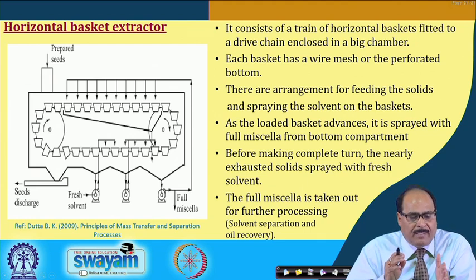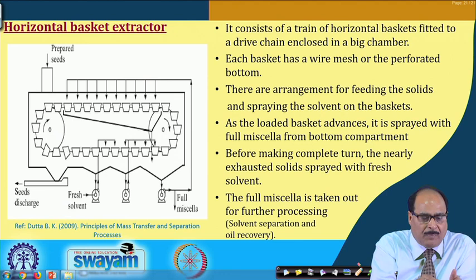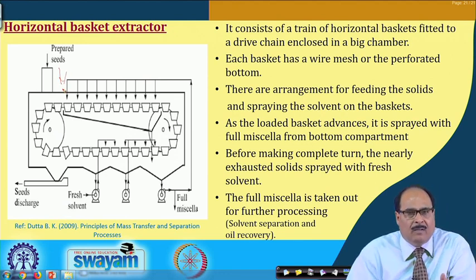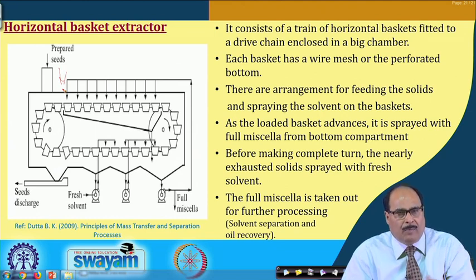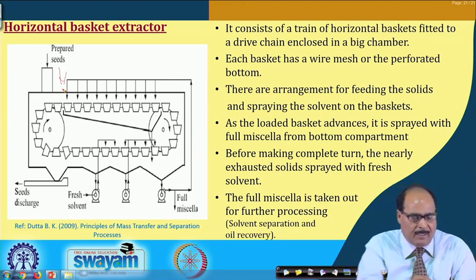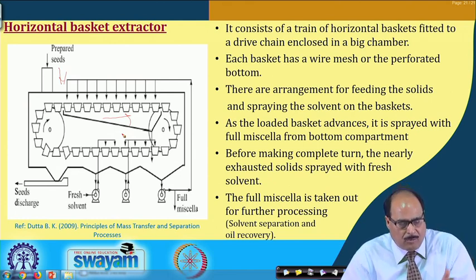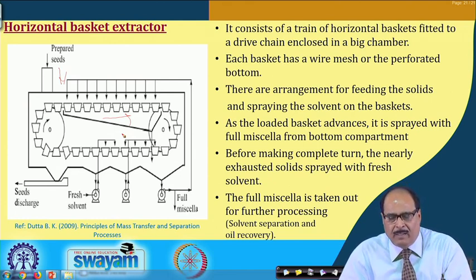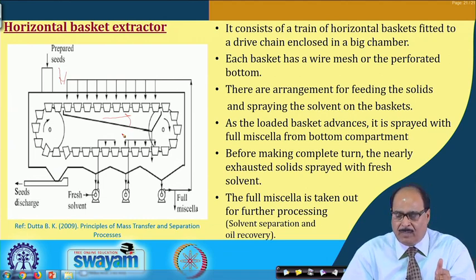The horizontal basket type extractor, you can see in this figure, that is, the prepared sheets are allowed to flow through the basket, which moves in the direction through this belt. Each basket has a wire mesh or perforated bottom and there are arrangements for feeding the solid and spraying the solvent on the basket.